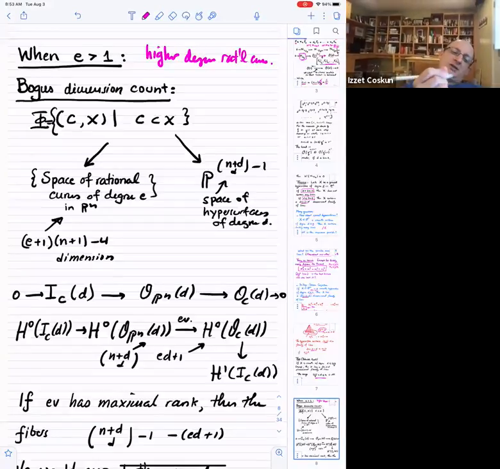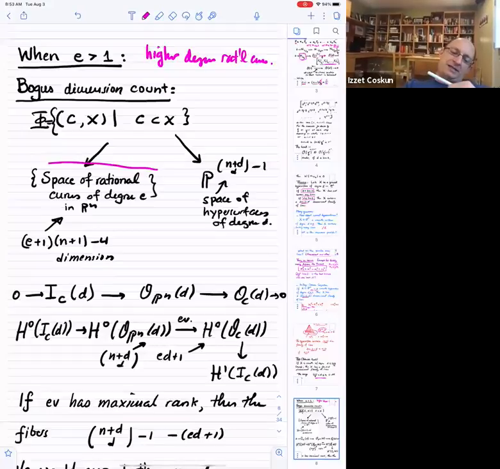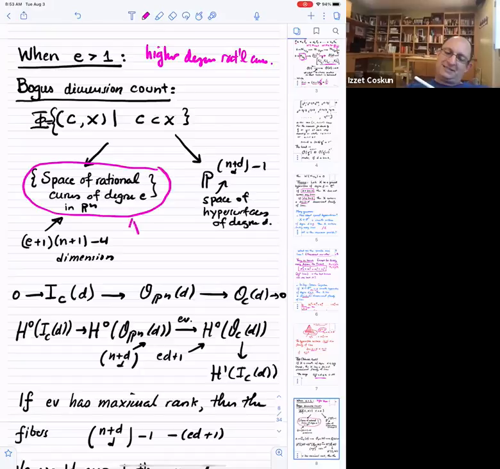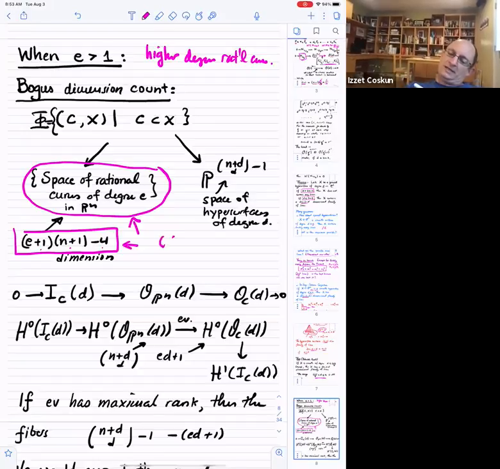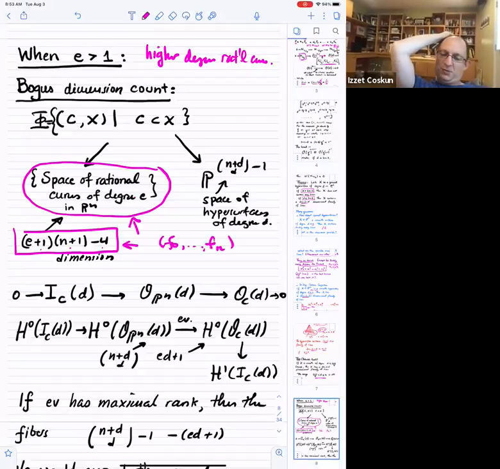Say that we have the space of rational curves of degree e in projective space. We studied this space last time, and we said that its dimension was (e+1)(n+1) minus 4. Remember, the way we got this number was that such a curve is given by n+1 polynomials of degree e on P1, so that was the (e+1)(n+1).